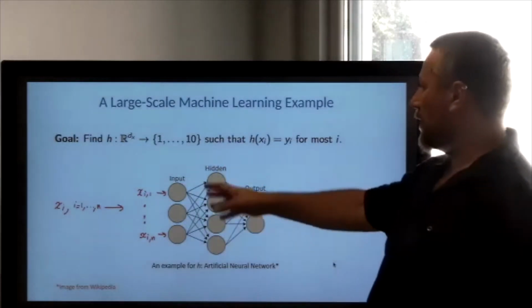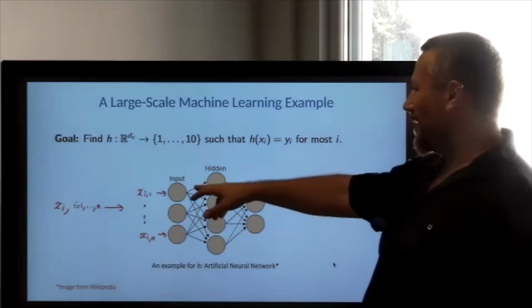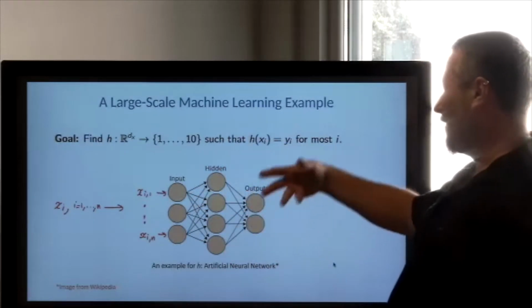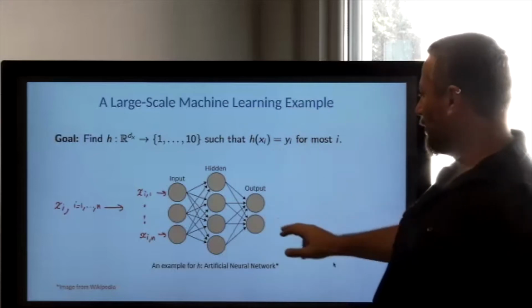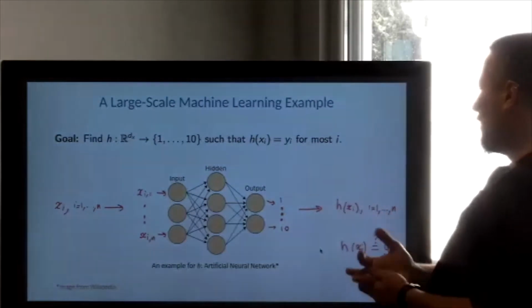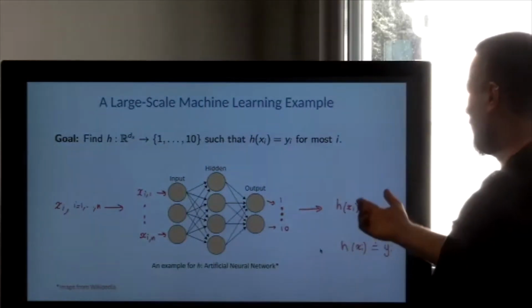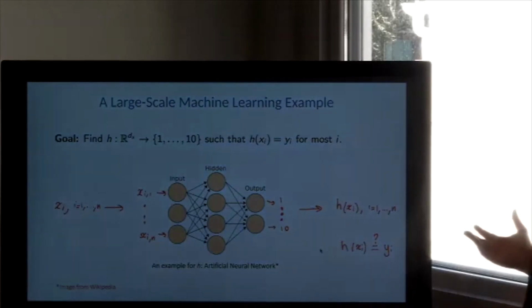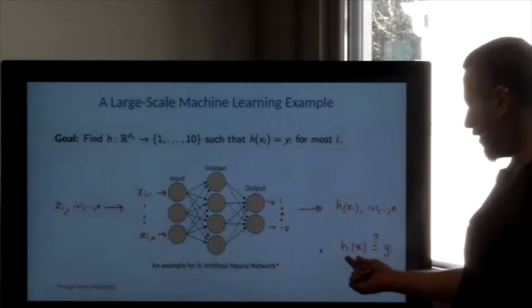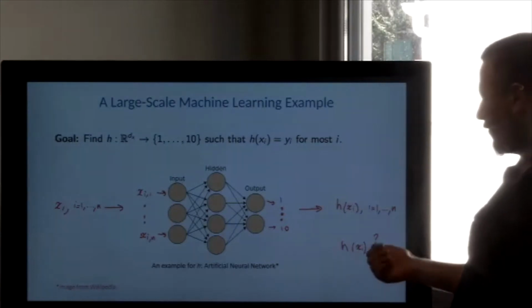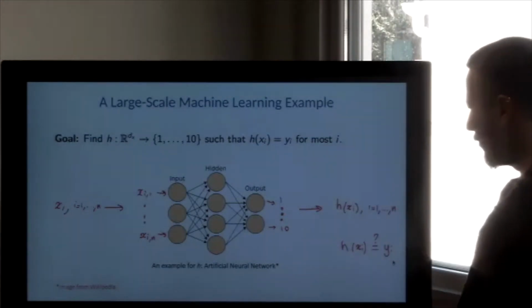And then after these calculations of these nodes and multiplying with weights and feeding them into the next nodes, you will have an output from 1 to 10. We will call it h of xi. And we hope that the output h of xi equals yi for many, many i's, most of the i's.